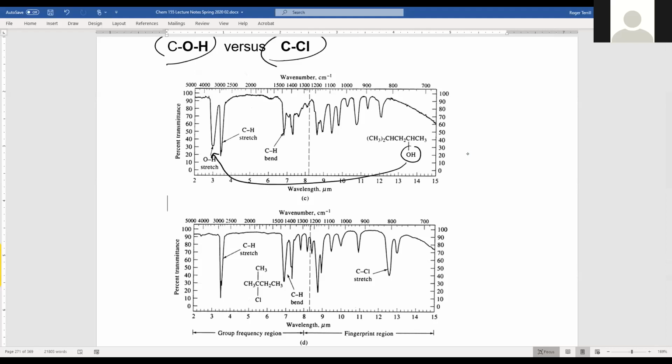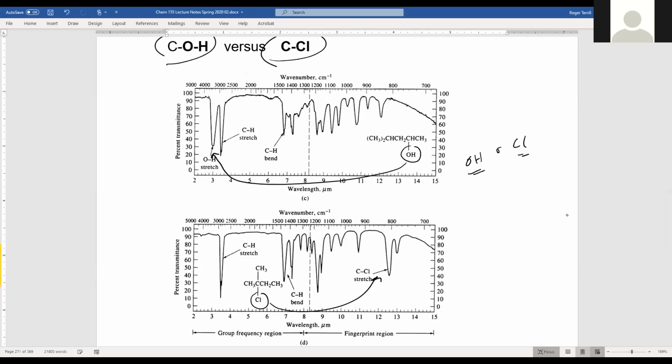Then you make a very similar molecule here, and it has a chloro group, which shows up here. These are the group frequencies: the OH and the Cl.